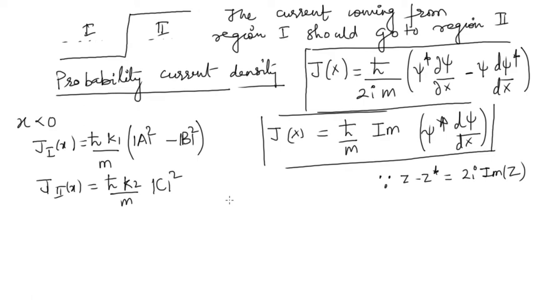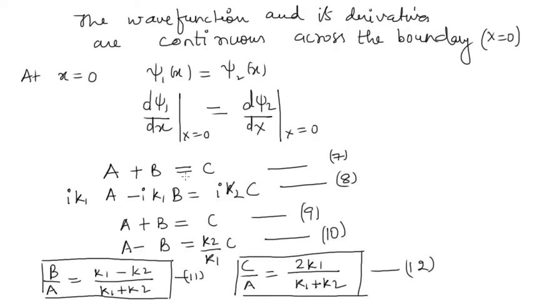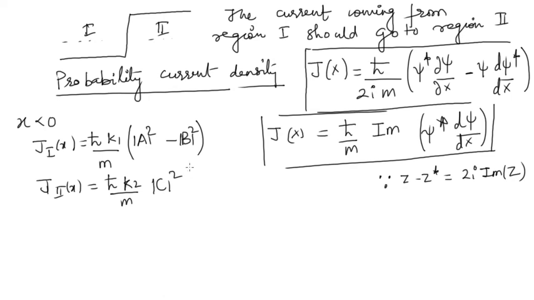So now already we got some relations between A, B and C. I want to show this. How do we get this? From equations number 11 and 12, which I call equations number 13 and 14. Now from the equation for J1, J1x is equal to h cross k1 upon m.